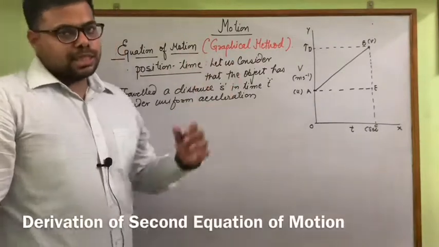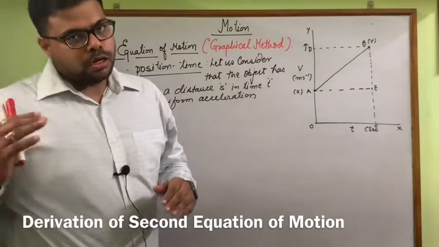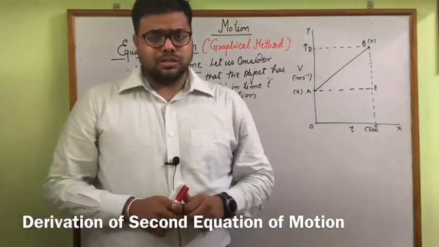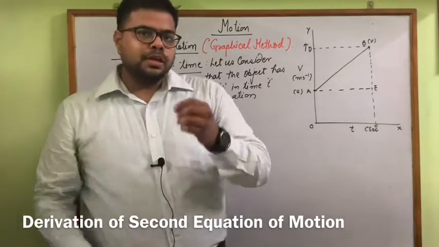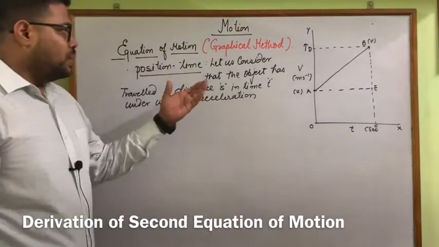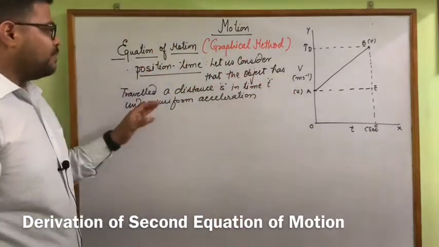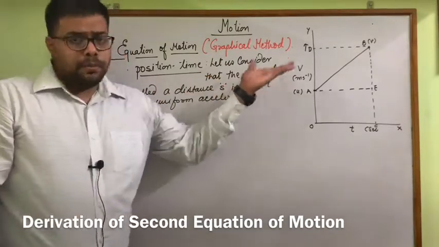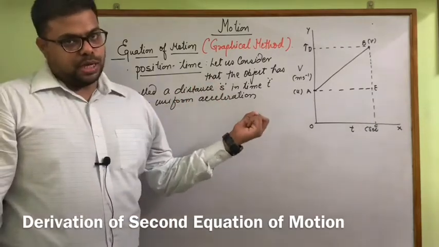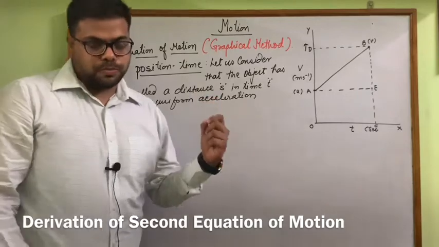Now the next equation of motion, the relation between position and time. When a particle moves with uniform acceleration, definitely after some time it travels some distance. So let us consider that the object has traveled a distance s in time t under uniform acceleration. Again I repeat, under uniform acceleration, this is a must condition.